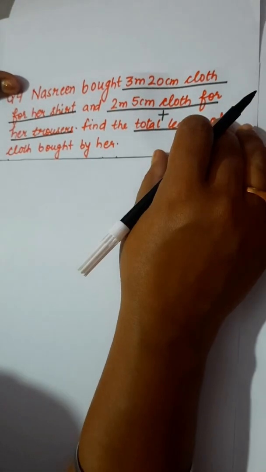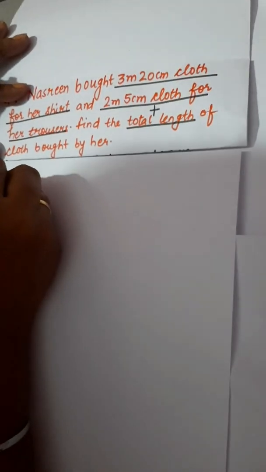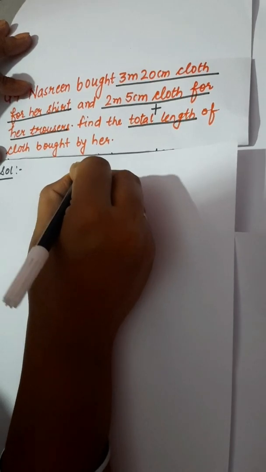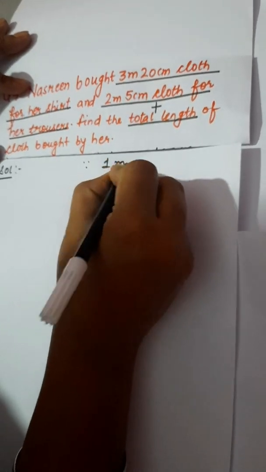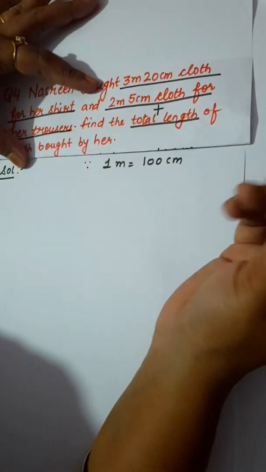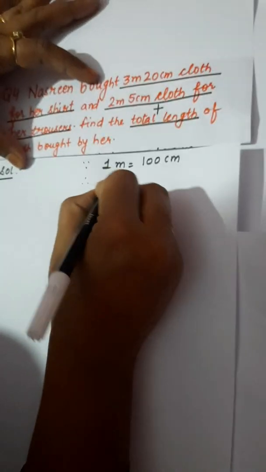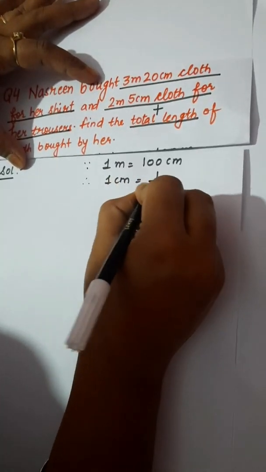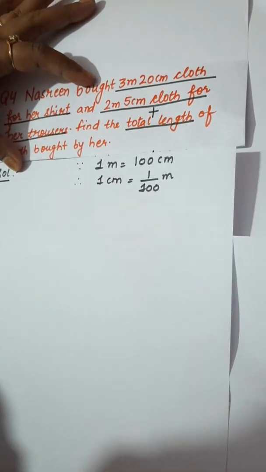Since 1 meter is equal to 100 centimeter, in this question I will express centimeter as meter, then solve it. Therefore 1 centimeter is equal to 1 upon 100 meter.